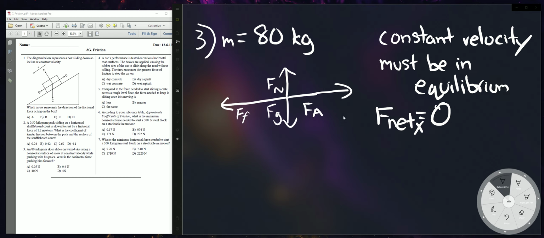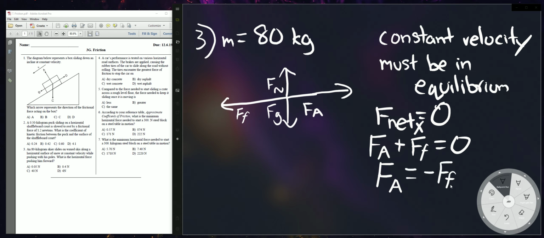Well, if your F net in the x direction is 0, what are the only forces acting in the x direction? It's just your applied force and your frictional force, and that sum is 0. So FA is equal to negative FF. All I did here was subtract frictional force from both sides.